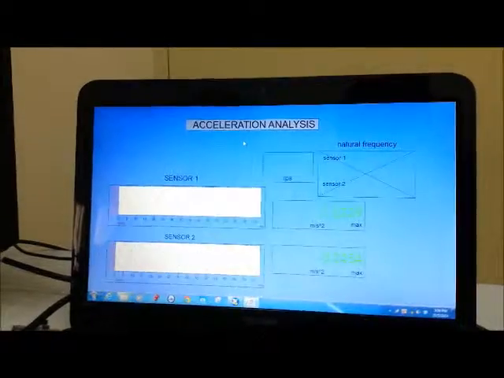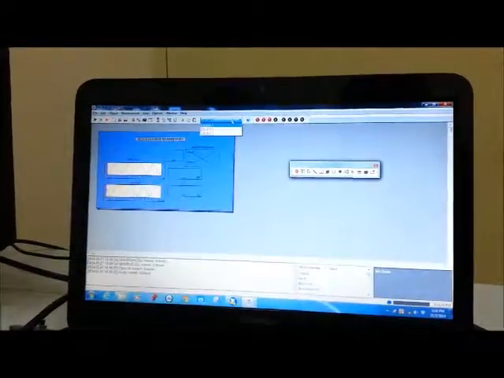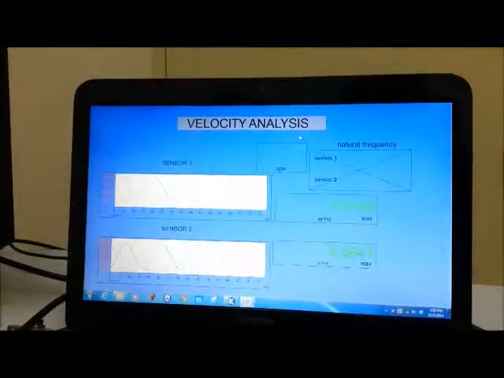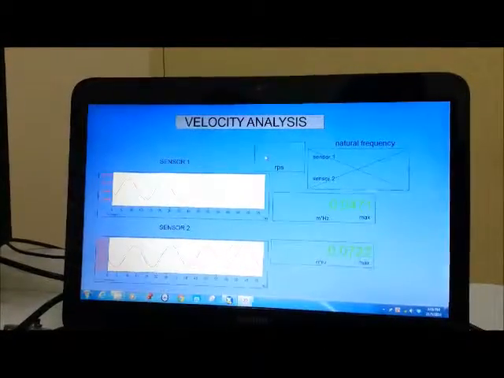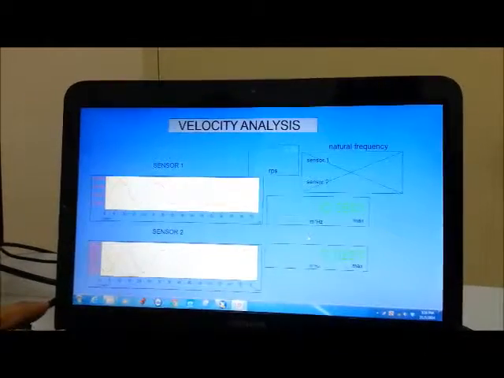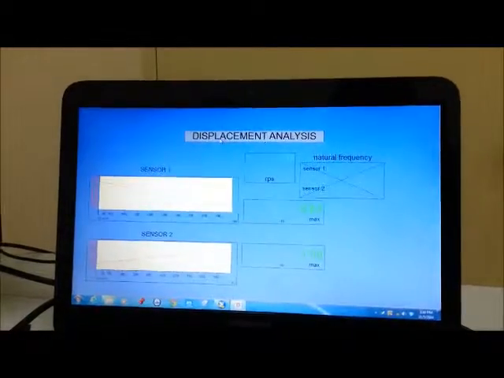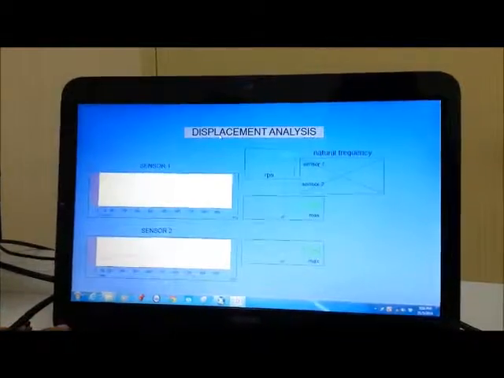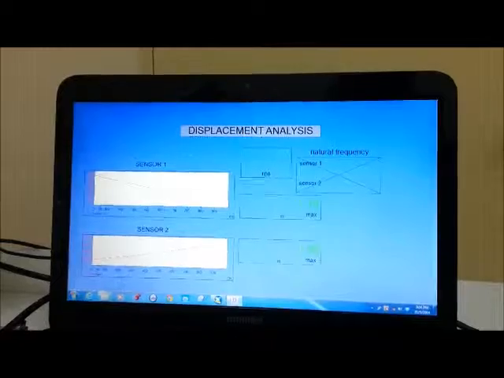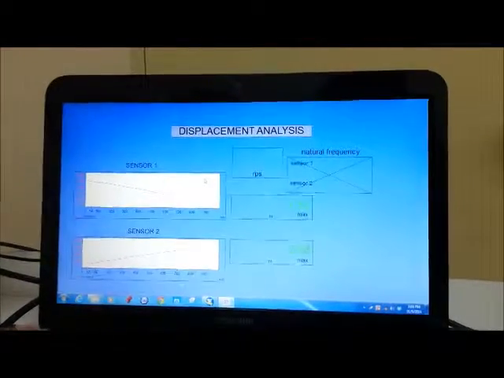We get first the acceleration, and then after we differentiate, we can get the velocity analysis, so we can get the natural frequency and the RPM. This is the displacement analysis, and we can get the graph, and also we can get the natural frequency.